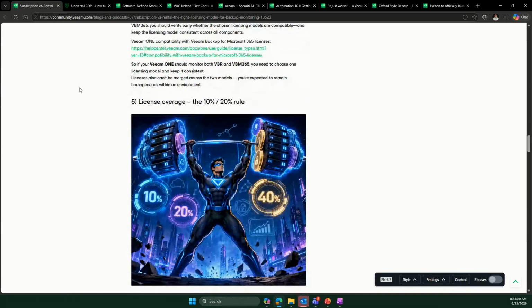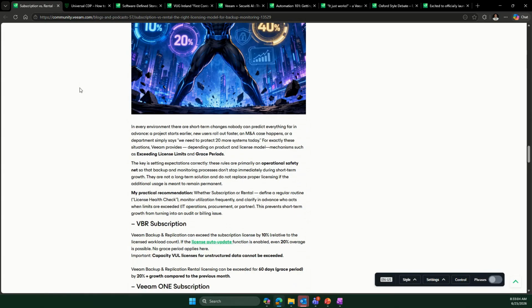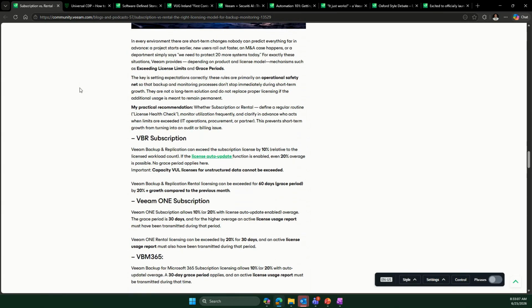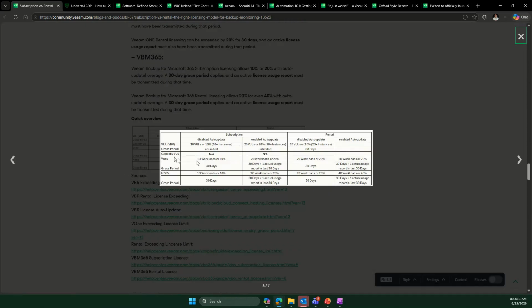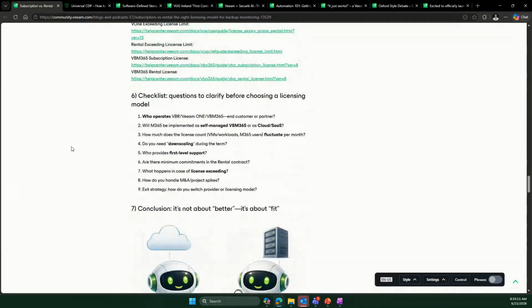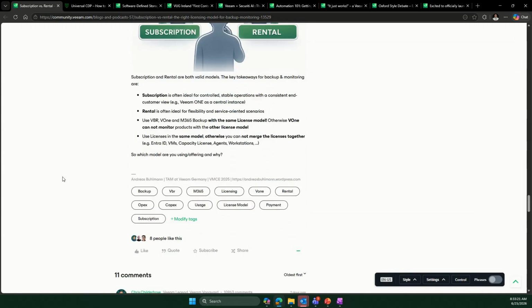And for the overage, there are some protections if you go over your allocation. I get that. So definitely check this out. There's some information about the grace period and overages if you do go over. I like this checklist. It's a good way to decide which way to go.